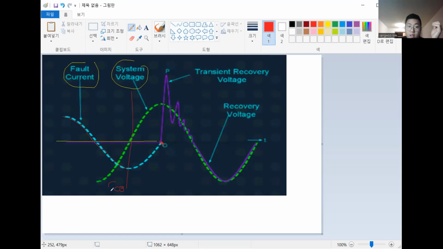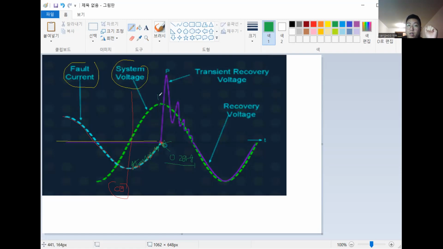So if the CB opens, what happens? Arcs happen here. And then the fault current stops at this point, at the zero current point.